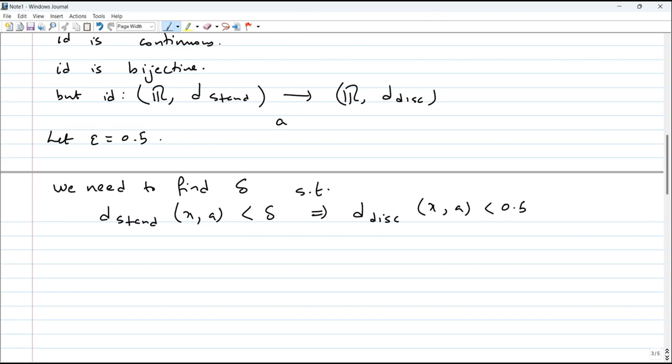And what we are trying to prove is that we can't find any delta. There is no delta that makes this true.